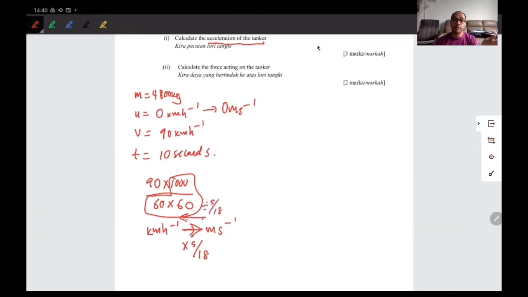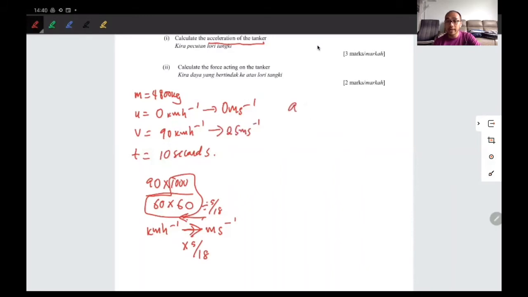Usually it's always from kilometers per hour to meters per second. In normal circumstances, I don't teach like this. I will teach you properly: multiply by 1000, divide by 60, divide by 60. But because we're so near to exam time, we have no time to remember all this. If you can remember this, just remember this. Kilometers per hour to meters per second is just multiply by 5 over 18, and you will get 25 meters per second.